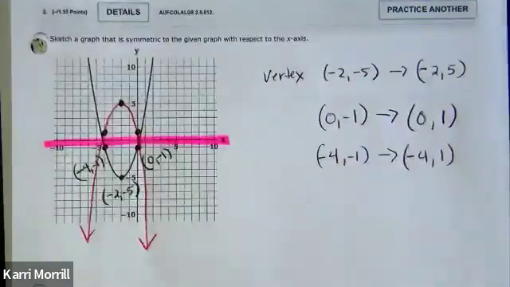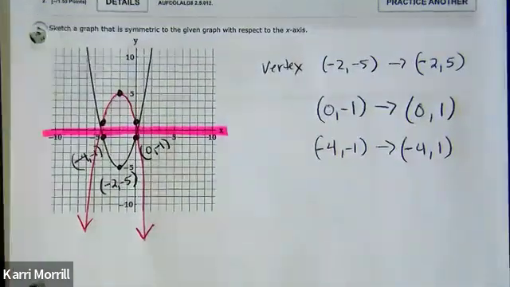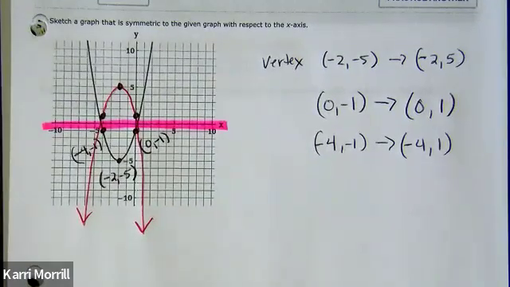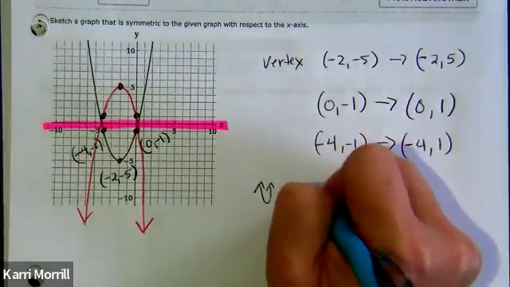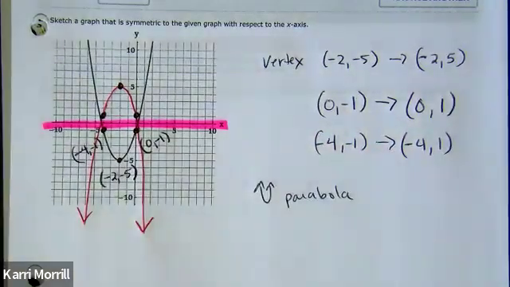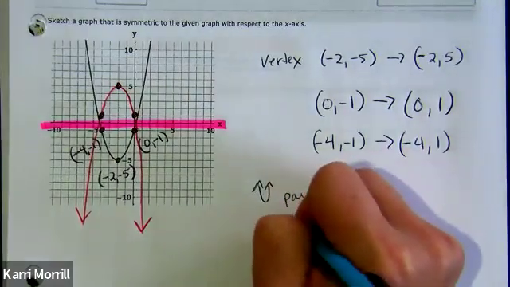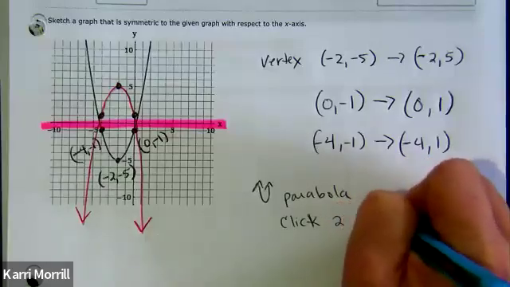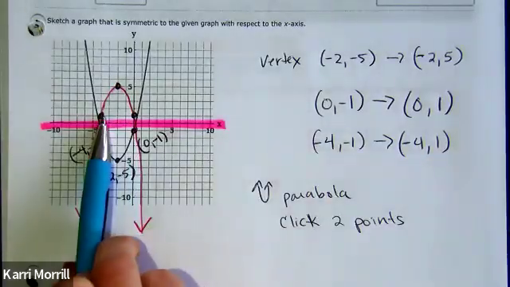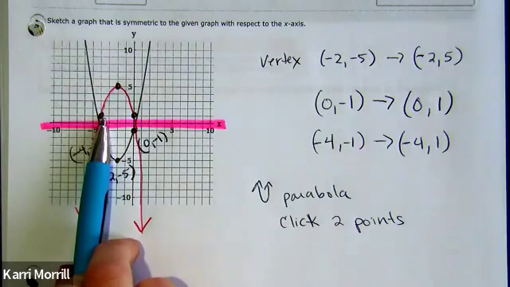So in WebAssign, I don't have the toolbar pulled up right now, and I don't want to waste your time, but you'll use the parabola tool to graph it, and you'll only have to click two points, because it'll make it symmetric since it knows it's a parabola.